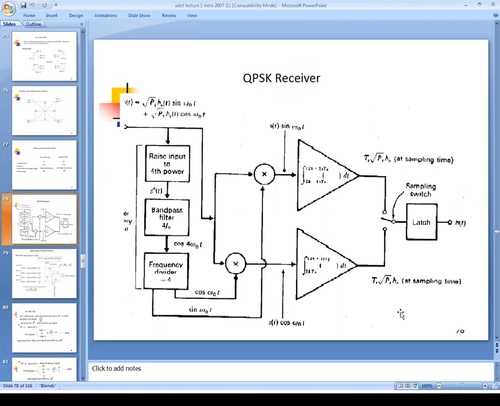That is the signal available at the receiving end: b(t) root 2P_s cos(omega naught t plus theta).